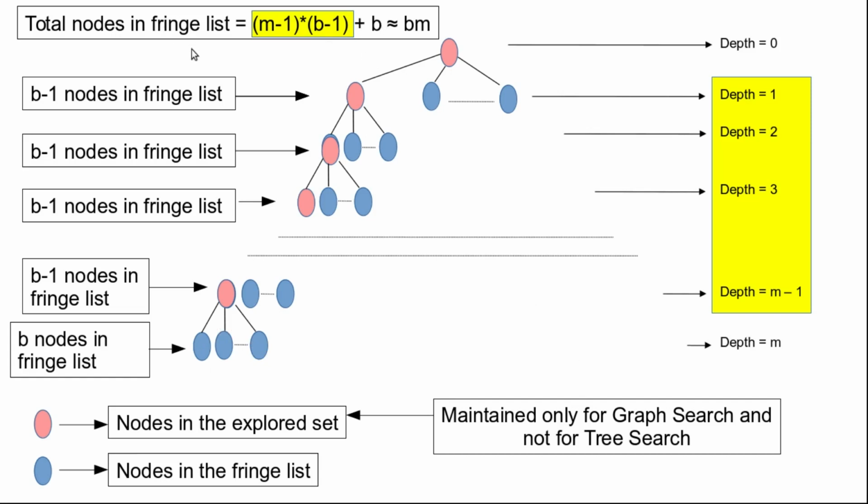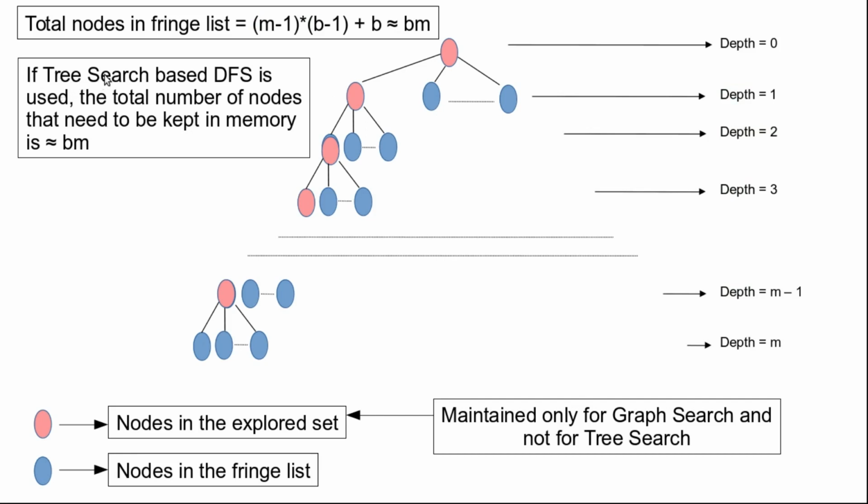So the total nodes in the fringe list would be (m-1) into (b-1) plus b, which is approximately equal to b into m. So this many nodes would be there in the fringe list in the worst case scenario.